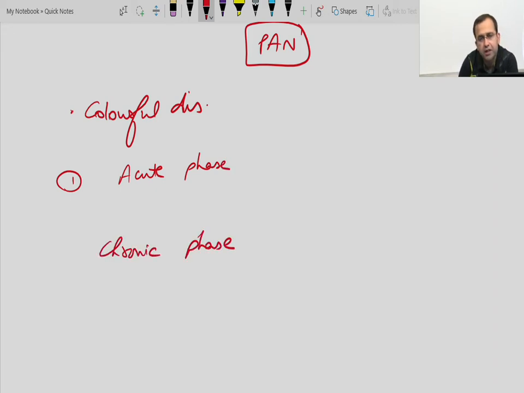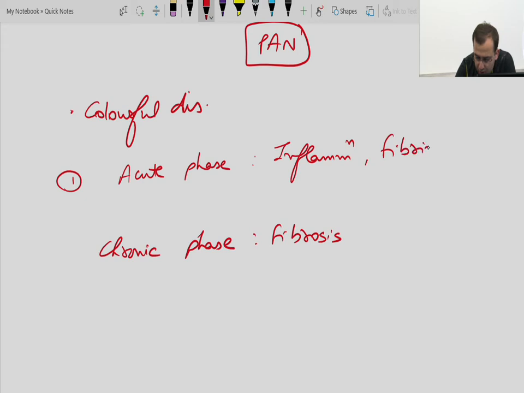Acute phase is associated with inflammation, whereas chronic phase shows fibrosis. That is obvious. Along with inflammation, acute phase is also associated with fibrinoid necrosis. This point is important.